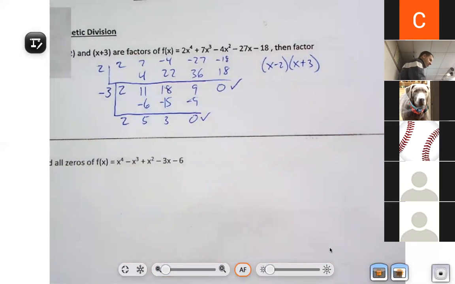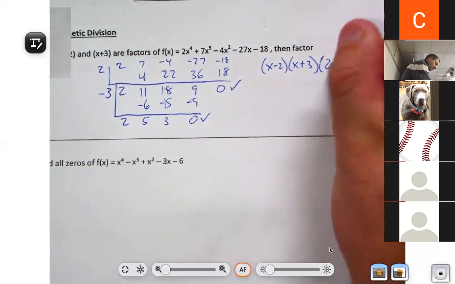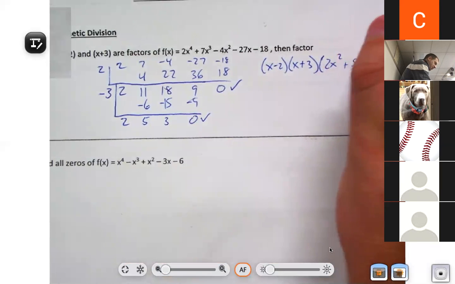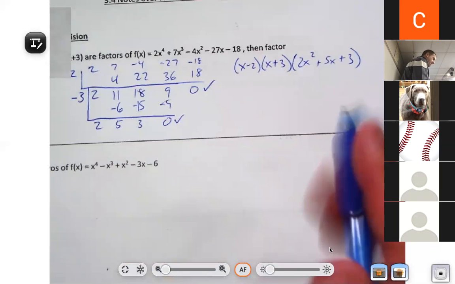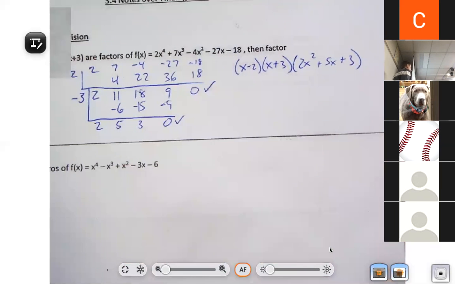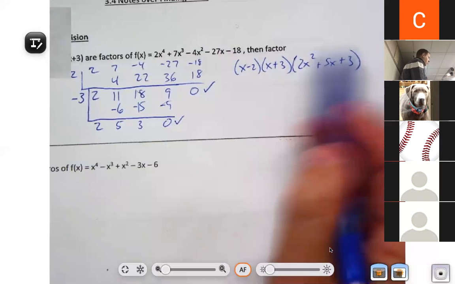If I would multiply that thing also, 2x squared plus 5x plus 3, if I would multiply all these 3 things together, I would get back to where I started. That's what factors mean. They're things that if you multiply them, you get back to where you began. So I've almost factored that original thing. But the nice thing about quadratics is we can attempt to factor them even more.